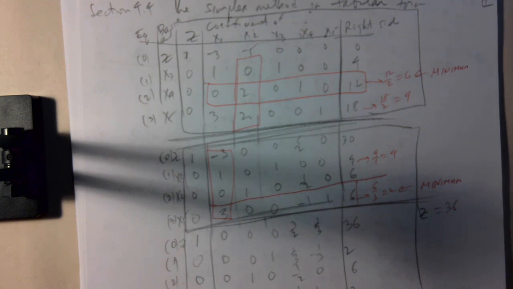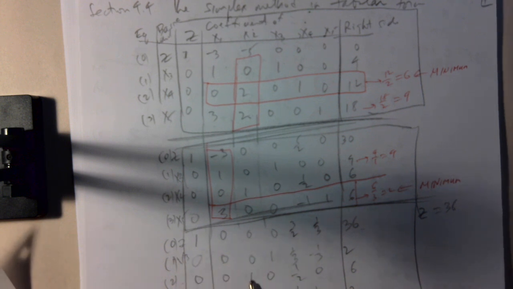And in our last table, we had x1 and x4 as the non-basic variables. So x1 and x4, so x3, x2, and x5.